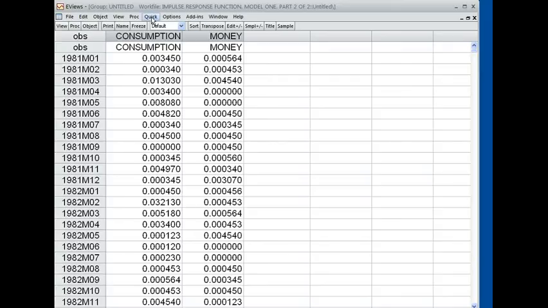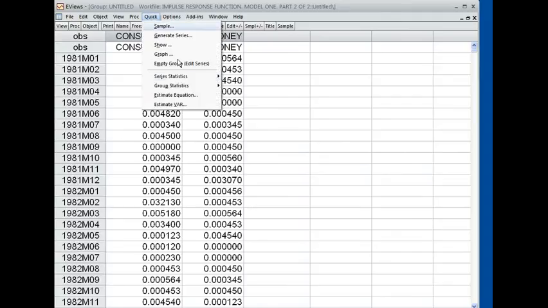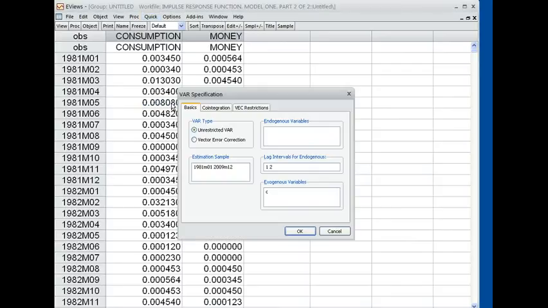How to develop the VAR model? I click on Quick, then Estimate VAR, and I put the endogenous variables such as money, here money means money supply, then consumption.